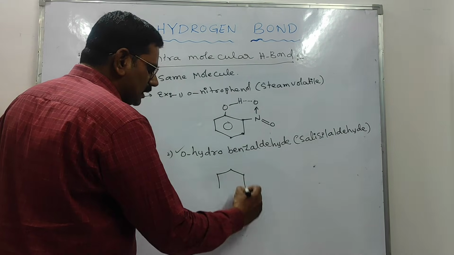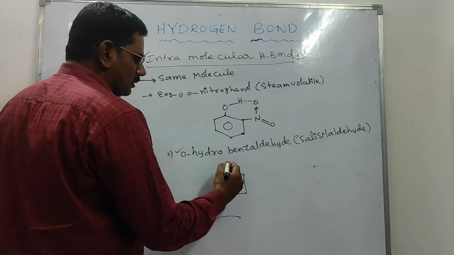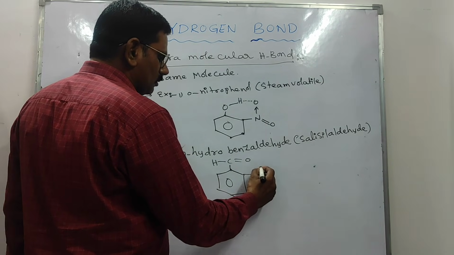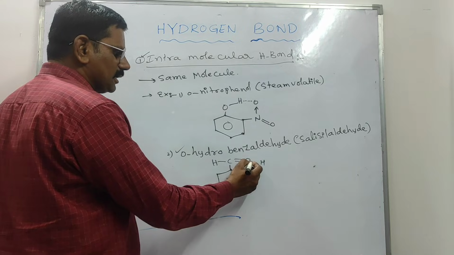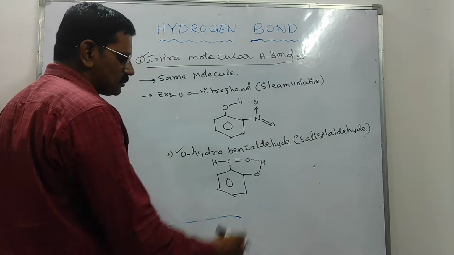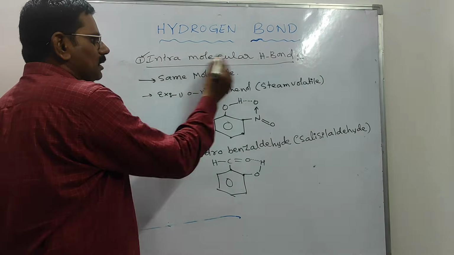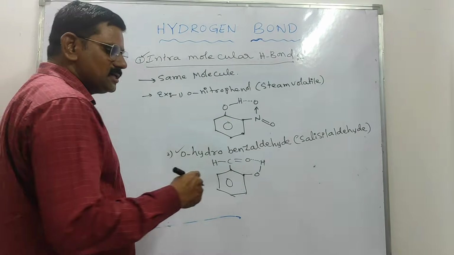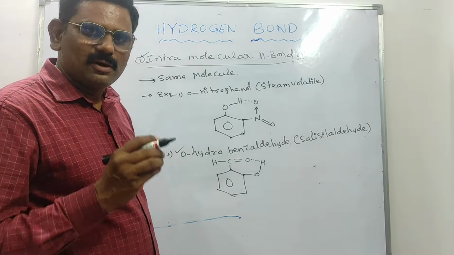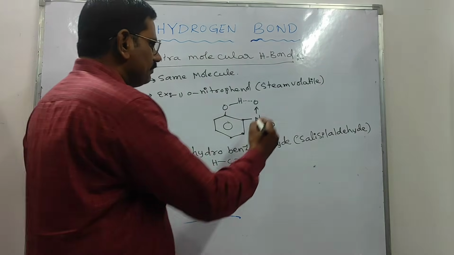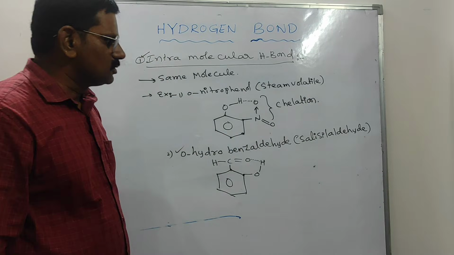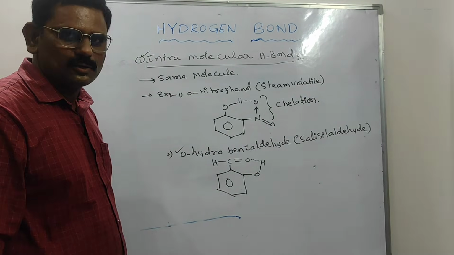It is benzaldehyde with a hydroxy group present at the ortho position. The hydrogen bond is formed within the molecule, hence it is called intramolecular hydrogen bond. Because of intramolecular hydrogen bond, ring formation takes place, so it is also called chelation. Chelation is nothing but intramolecular hydrogen bond.